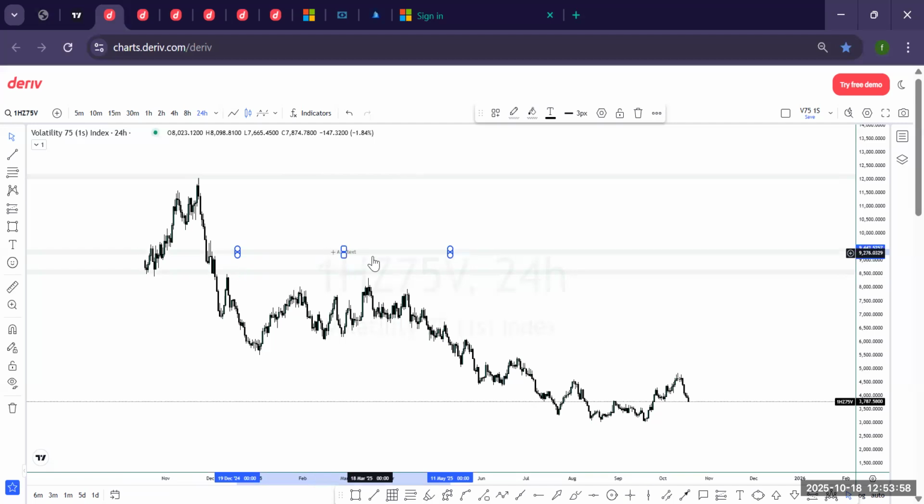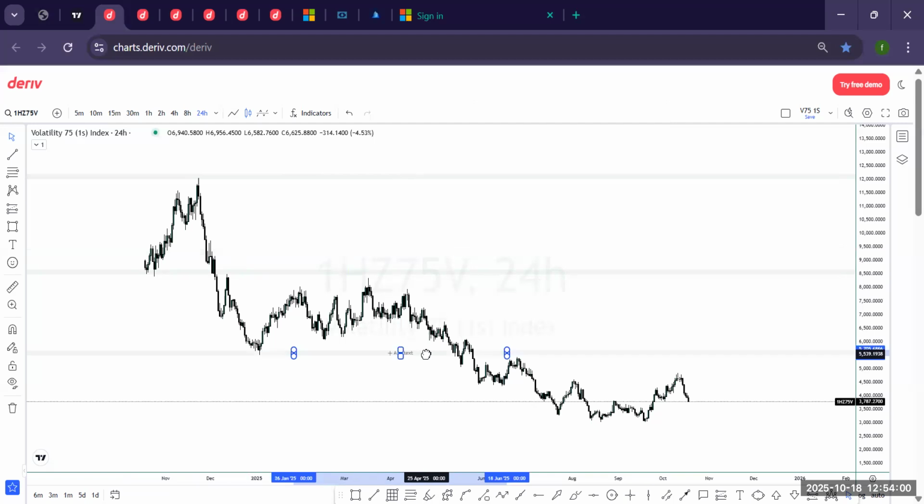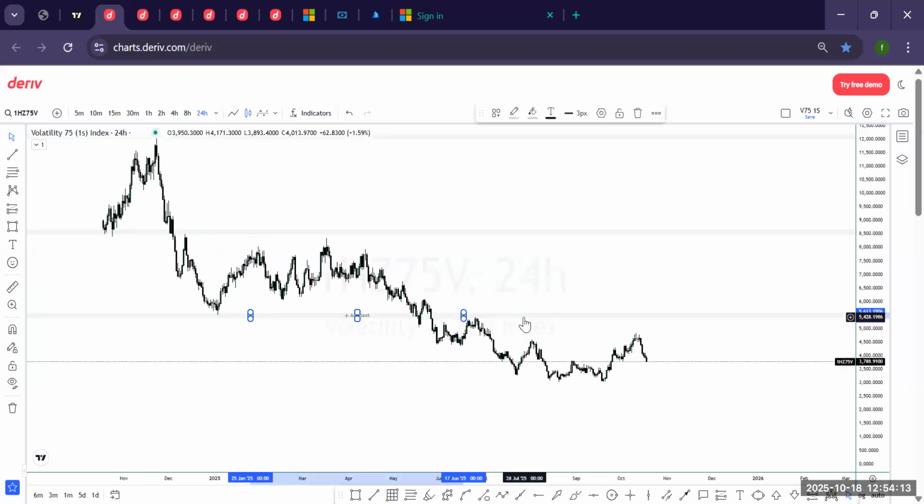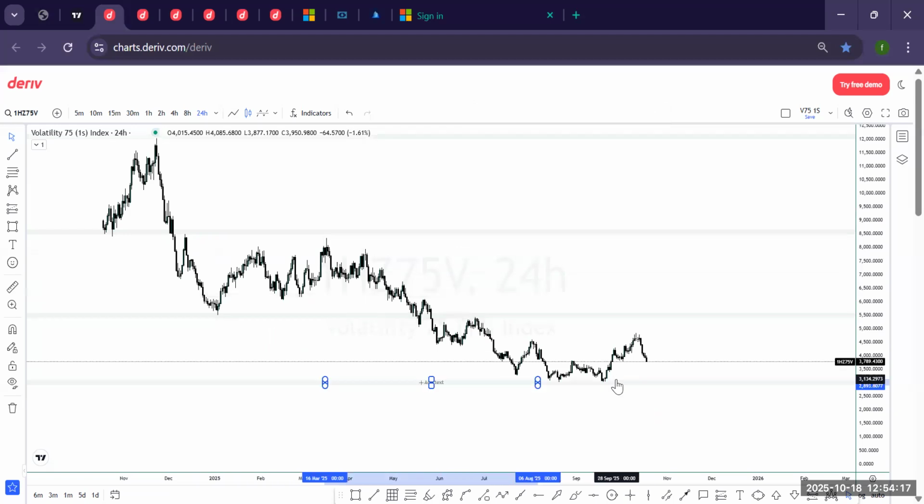I'm going to mark this area also. We have one touch, price broke out, came back and retested, two touch. So this is a very strong zone. We can count the down touch and the up touch together. Yes, that is what makes it a stronger zone.